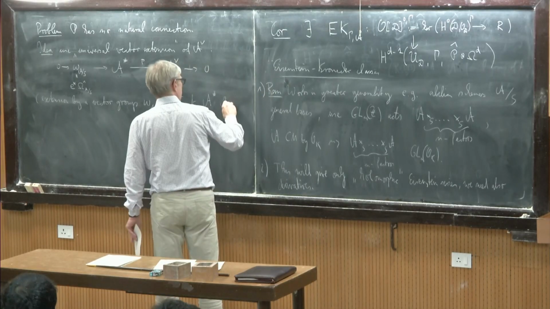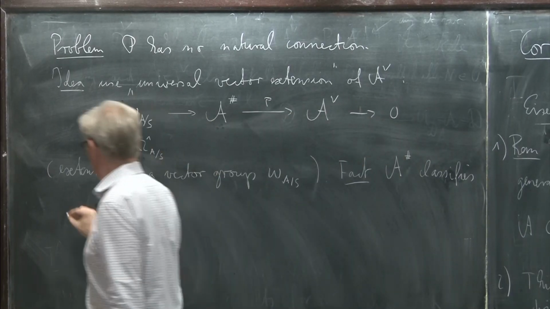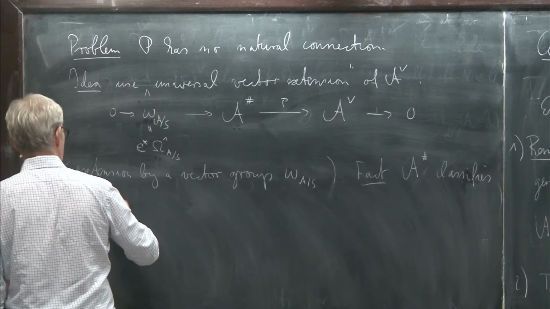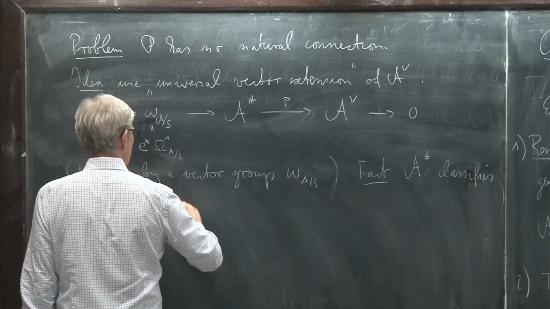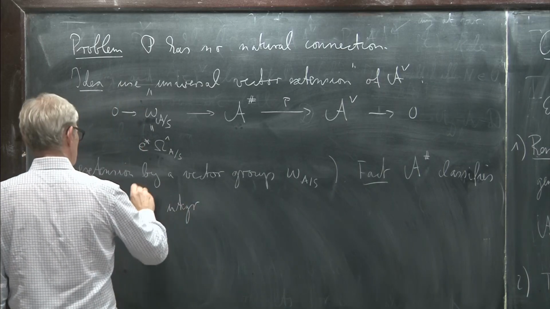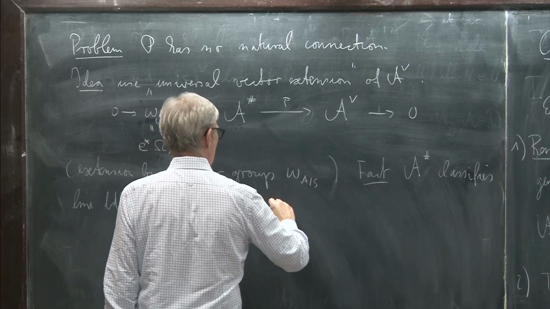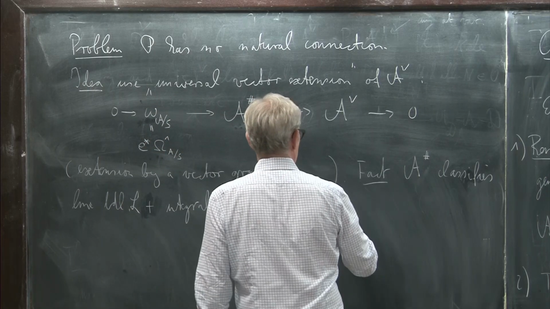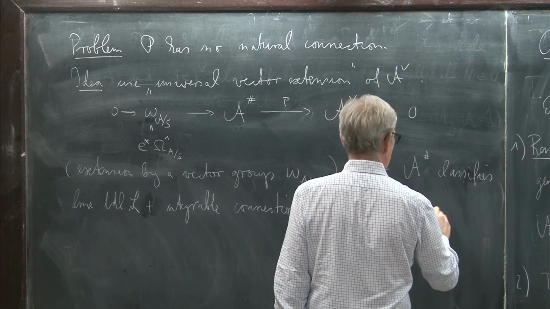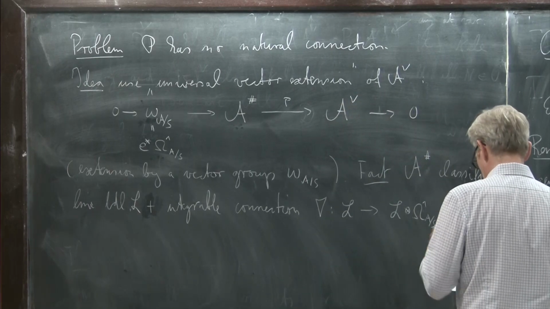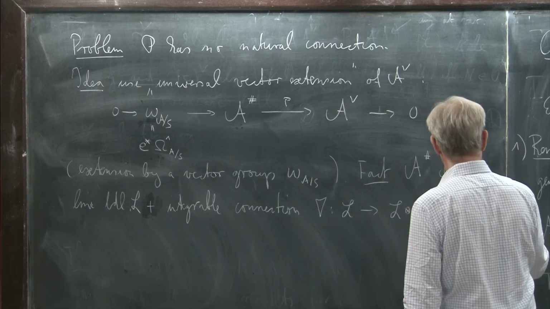It classifies line bundles plus integrable connection, maybe L with integrable connection nabla from L to L tensor omega 1 A over S, which has the property that the curvature is 0.